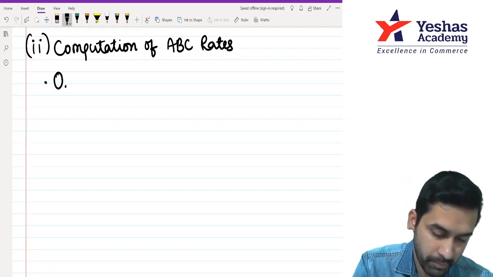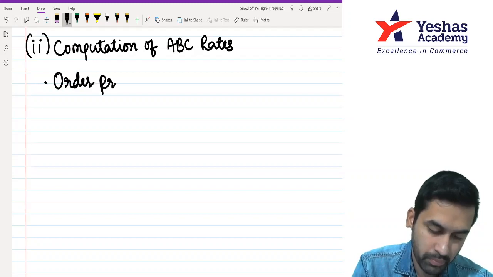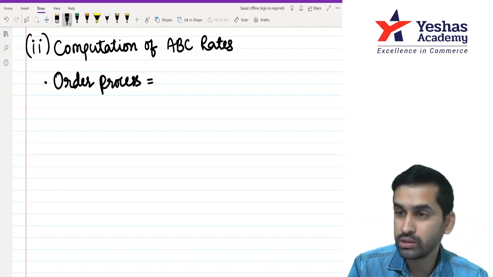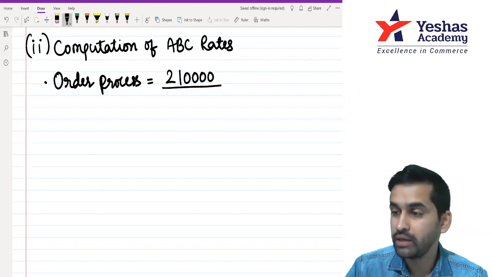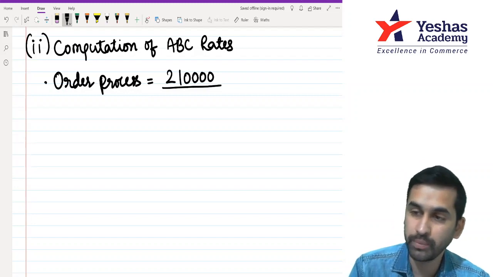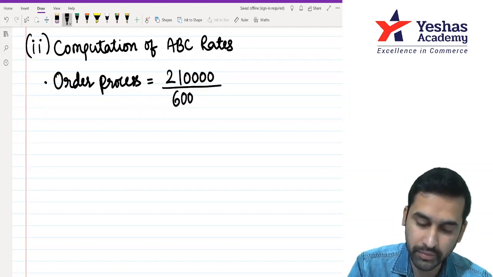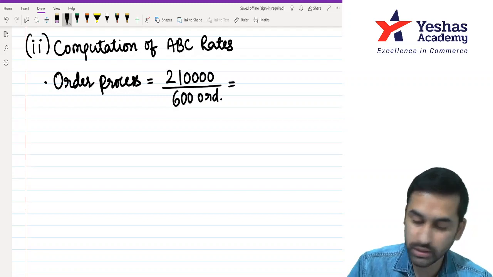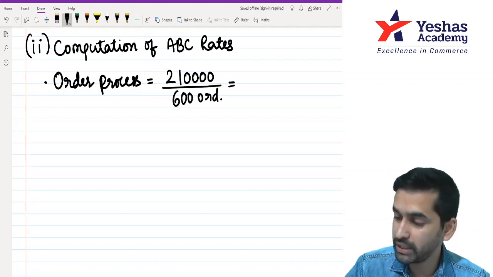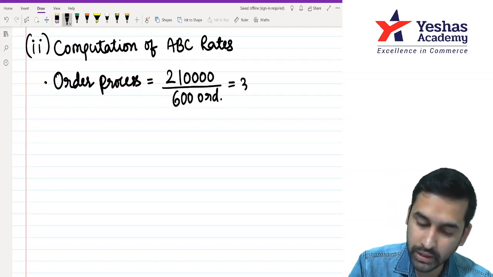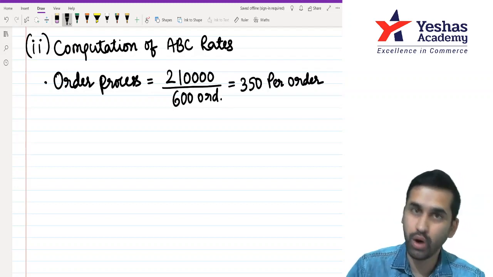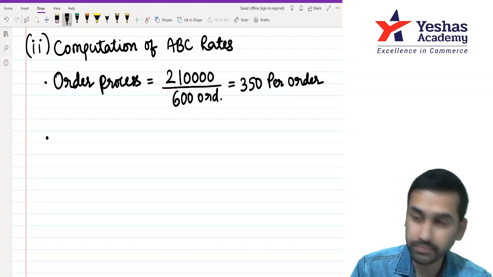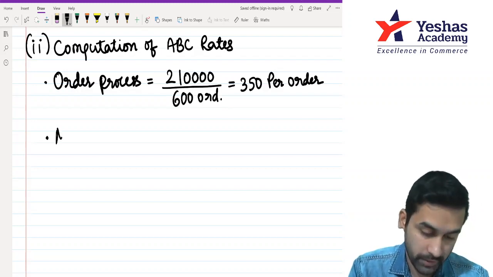Order processing. 2,10,000 rupees to be divided by the number of orders processed. How many orders processed? 600. Remember, you should take the total. So 2,10,000 by 600 is 350 rupees per order.